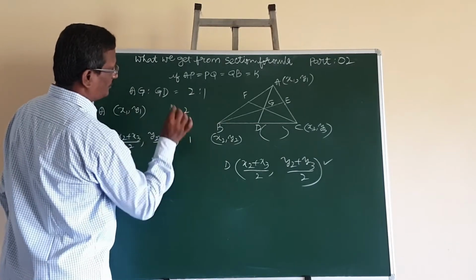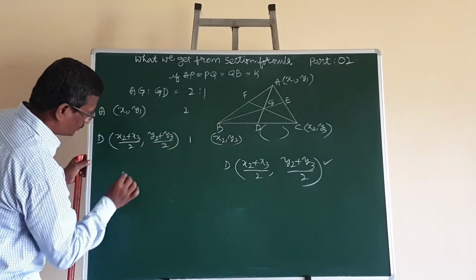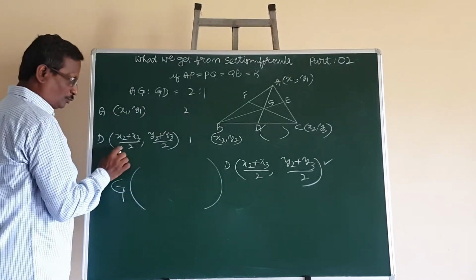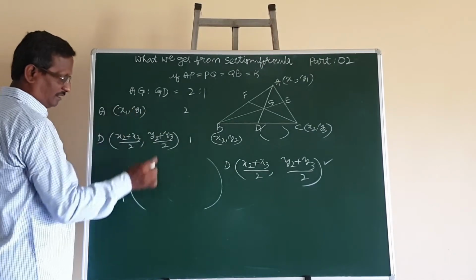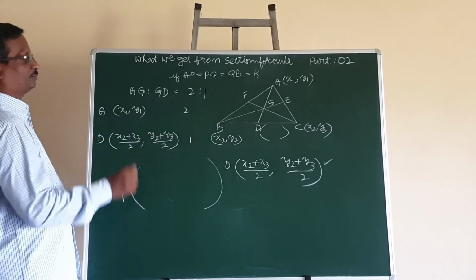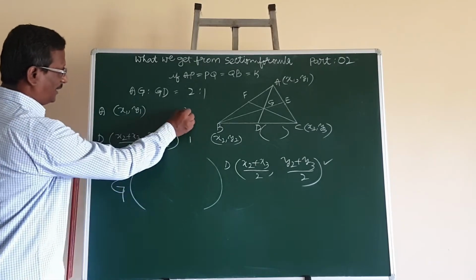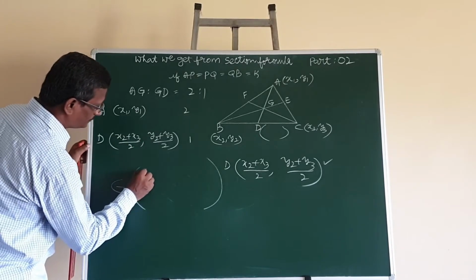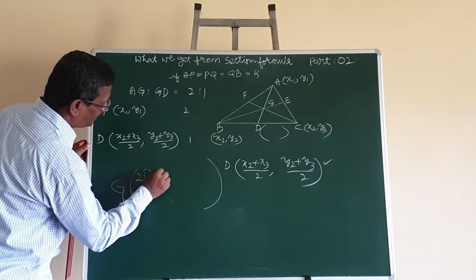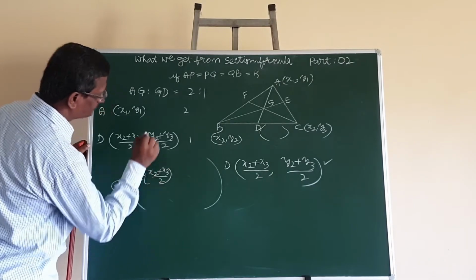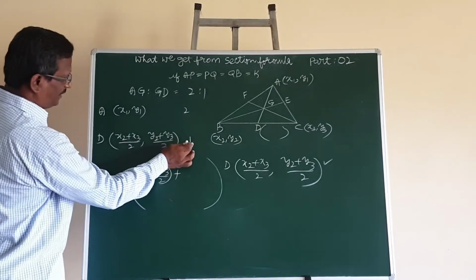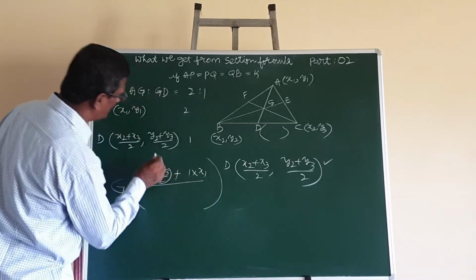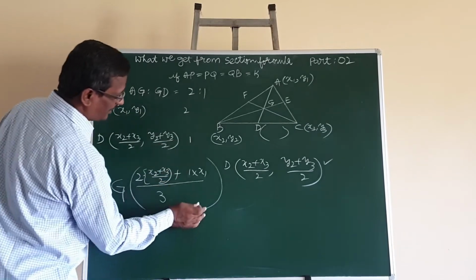Now the coordinates of point G, again the rule: (m1 x2 plus m2 x1) divided by (m1 plus m2) for the x coordinate. For that, let us multiply 2 into (x2 plus x3) by 2, plus 1 into x1, whole divided by 2 plus 1, that is 3, for the x coordinate.